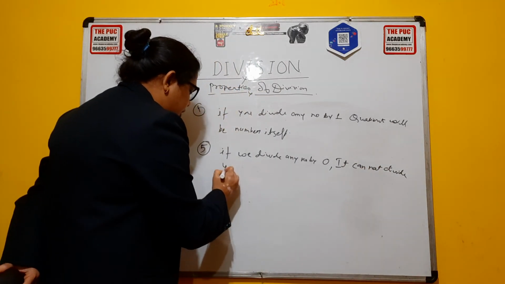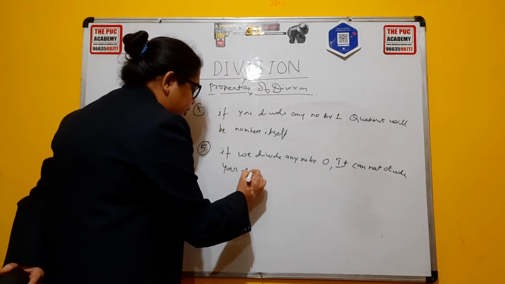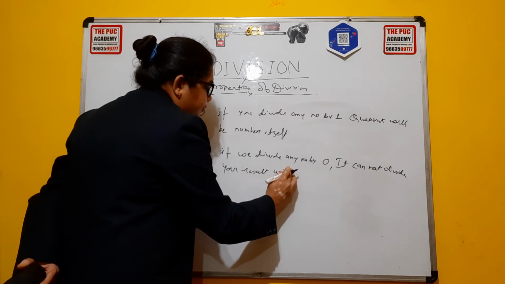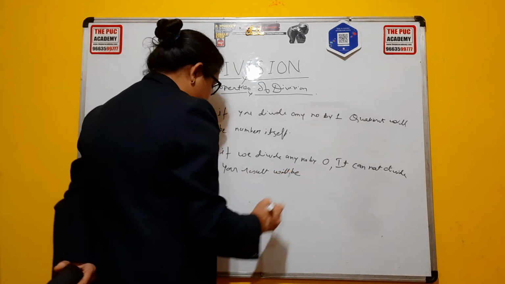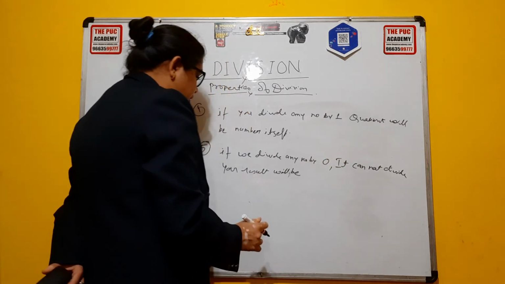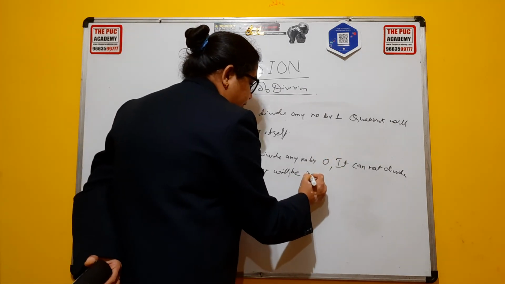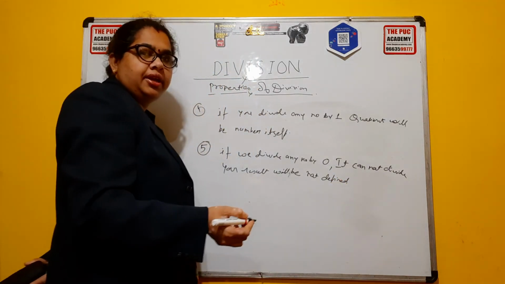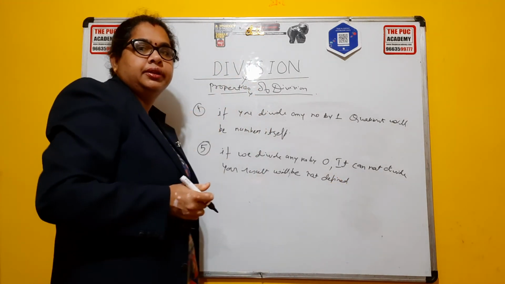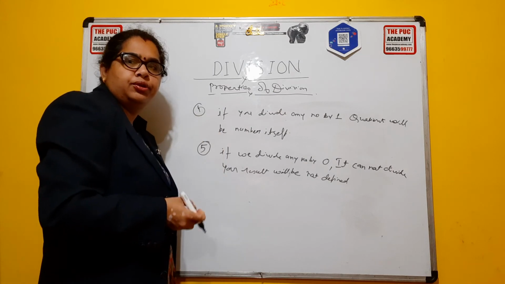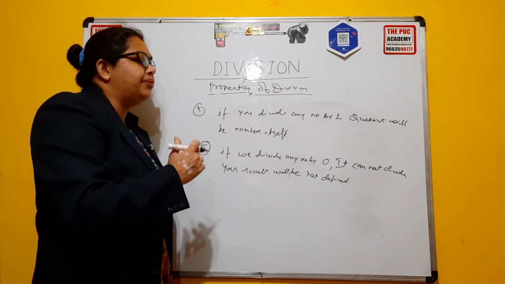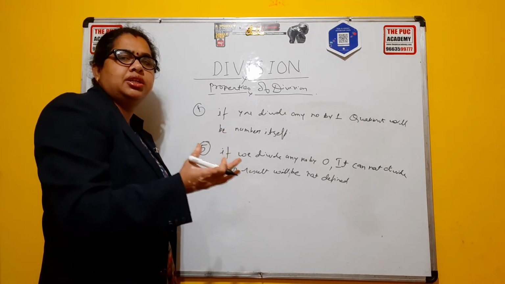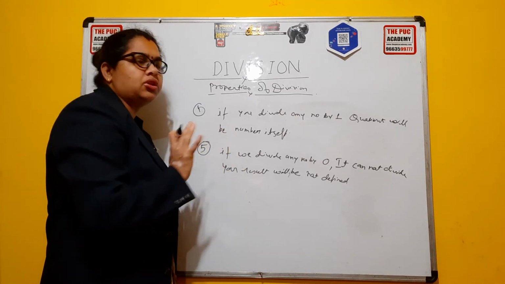Your result, or your quotient, will be not defined, or you can say infinite generally. You just say it's not defined. Some of the questions will come in the exam. If you divide this number by 0, what is the result? So children, this is not defined.